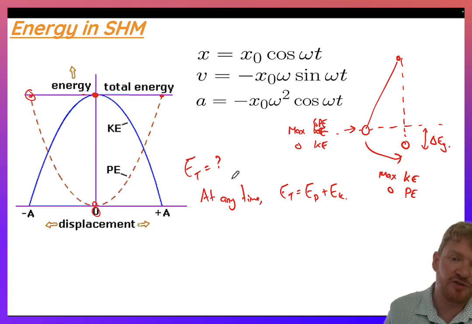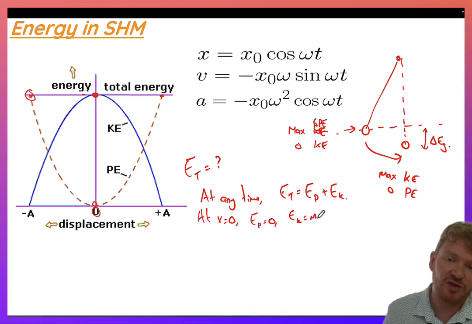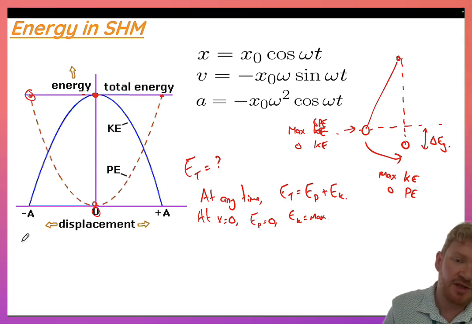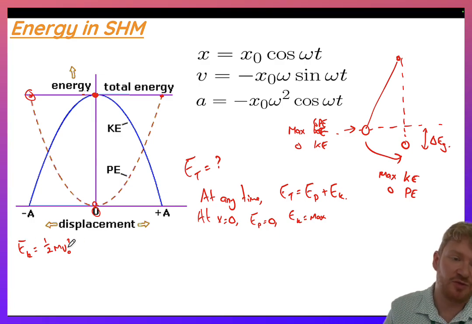At x equals 0, the potential energy is 0 and the kinetic energy is maximum. So the kinetic energy will be equal to a half m v naught squared, because kinetic energy is just half mass velocity squared. V naught is the maximum velocity.